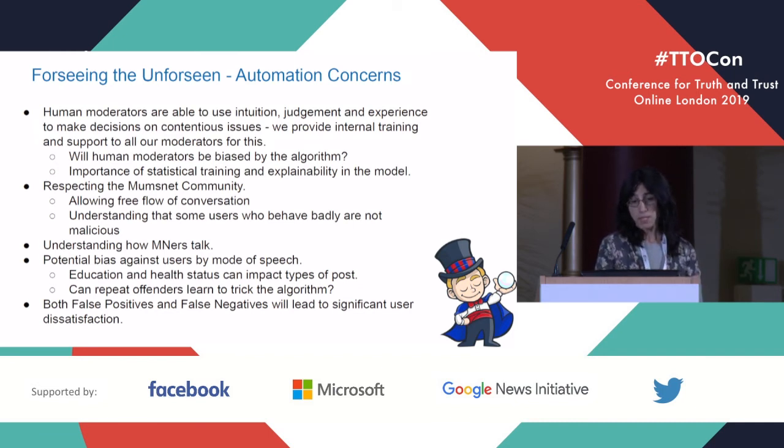And also understanding that some users who behave badly are not always malicious. So one of the things that the Mumsnet community really prides themselves on is that because every case is dealt with by a human, if somebody, for example, behaved very badly on the site and explained to the human they were dealing with that they were having a mental health episode, they were going through a difficult time, this wasn't something they were going to do again, they would be able to be treated leniently, kept an eye on, and not necessarily banned from the site, and similarly it can work in other ways as well.